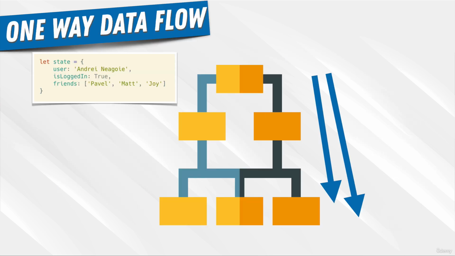A better way to think about this is like this. Our application is simply built with this virtual DOM, this JavaScript object that describes our app. And as soon as a state changes, it's going to trickle down that information and let everybody know, hey, the state just changed.